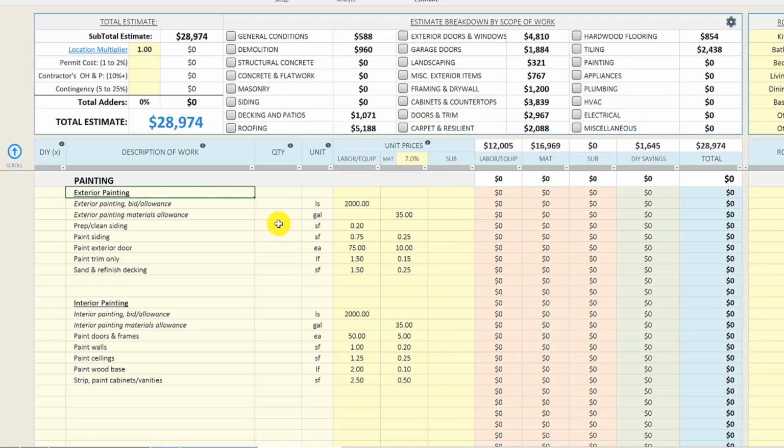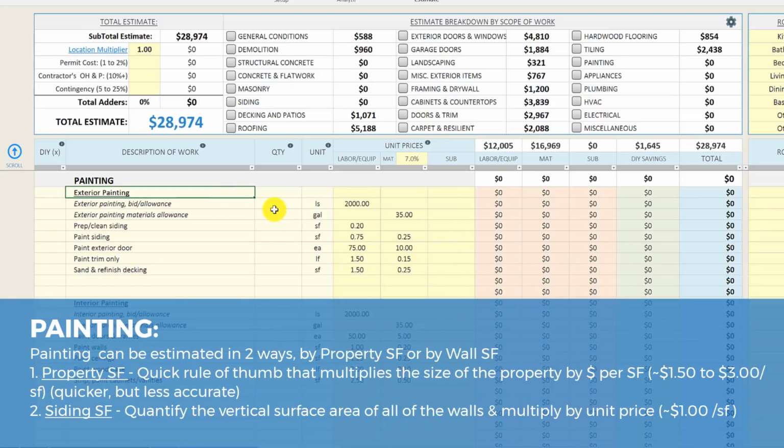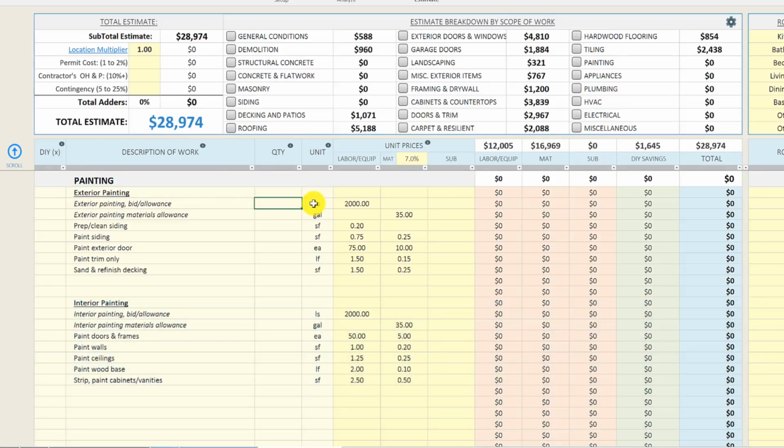Painting. This is going to include the exterior painting and the interior painting on the property. Generally, what I'll use is a rule of thumb to estimate the exterior painting. If you've got a 1,500 square foot house, generally it's going to be about $2 to $2.50 a square foot to paint the property. So let's do that here.